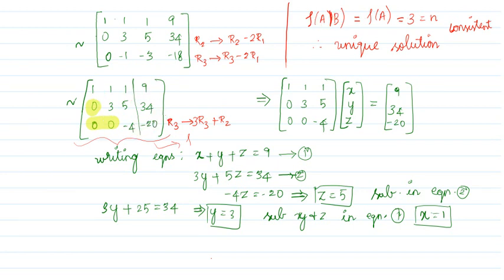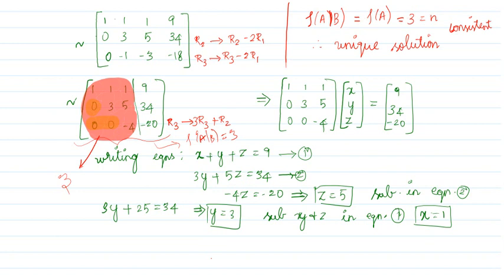So the rank of the augmented matrix is equal to 3, and the rank of matrix A, the red shaded portion, this is also 3. So the rank of AB is equal to the rank of A, which is equal to 3.